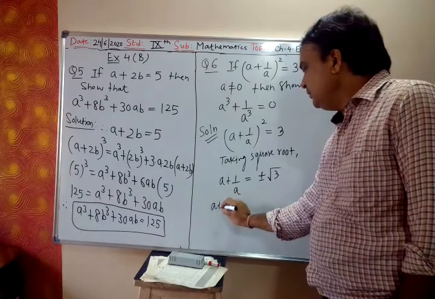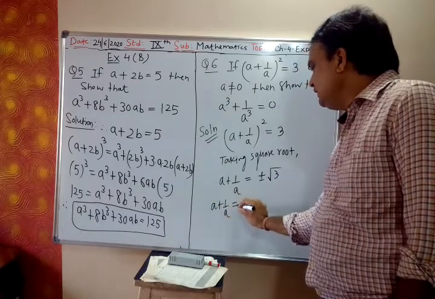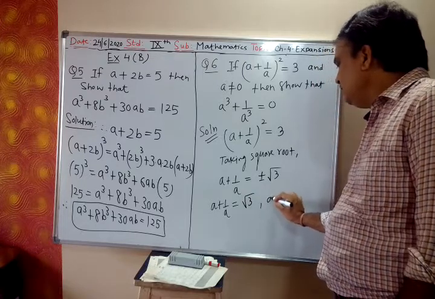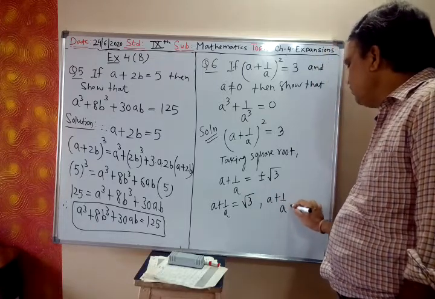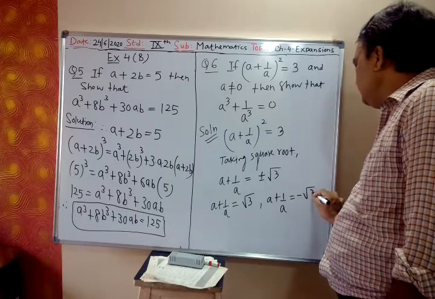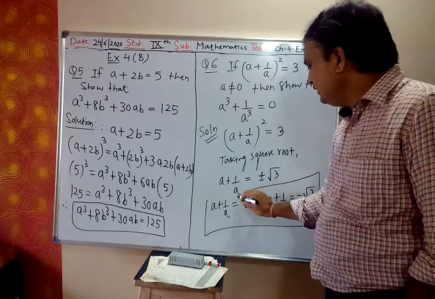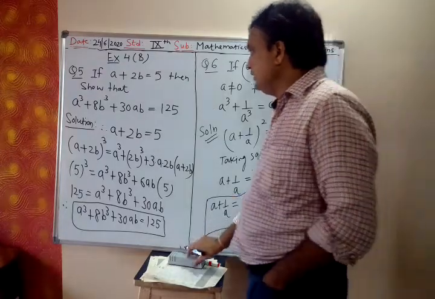So a plus 1 upon a is either plus root 3 or minus root 3.